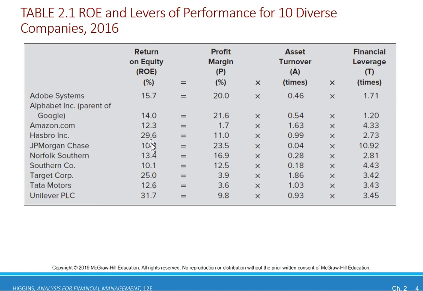Hasbro's 29.6%, we've already talked about that. You can see that the reason Hasbro is really so high, they're really moderate as far as these numbers, but each number has itself an impact on the varying levels of decision making that management makes.